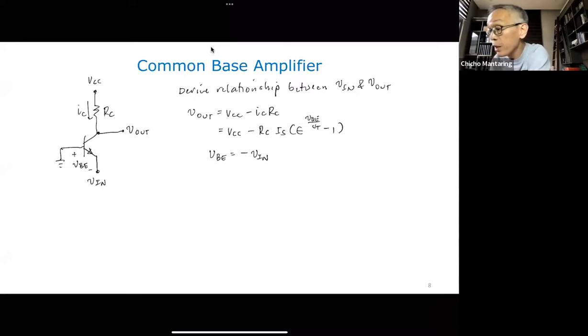Therefore, what is my expression for V out in terms of VIN? V out is equal to VCC minus RC times I sub S e to the minus VIN over V sub T minus 1.